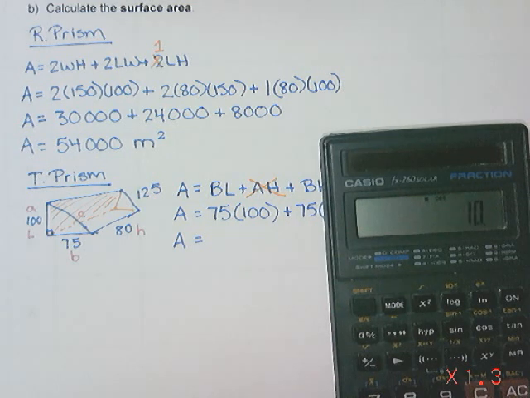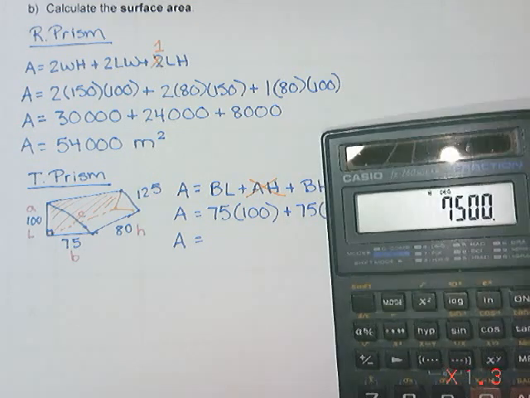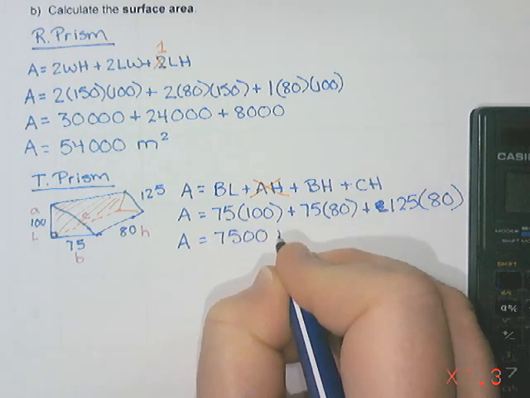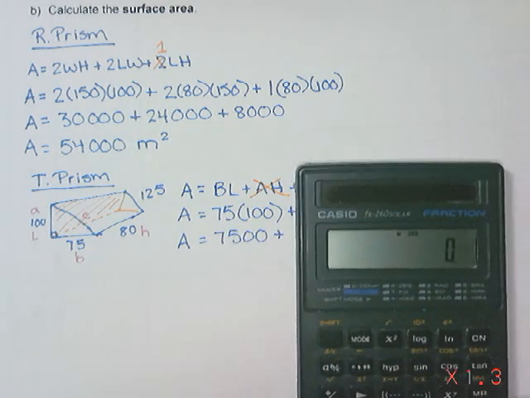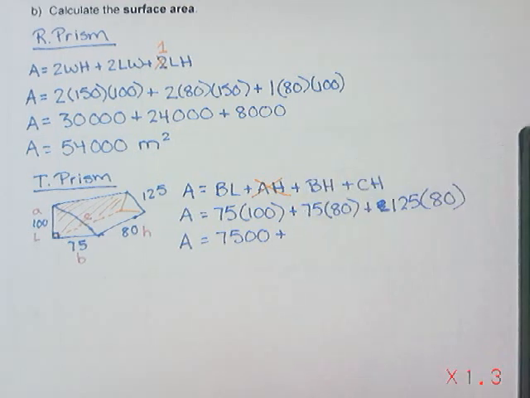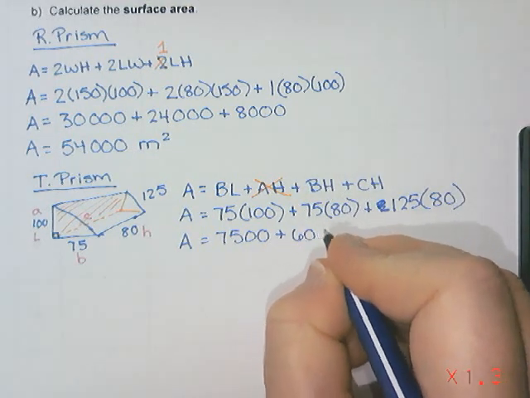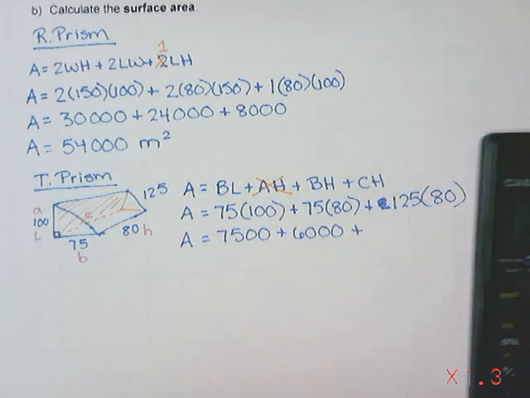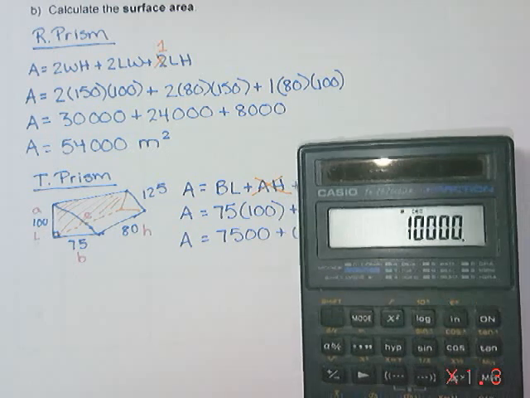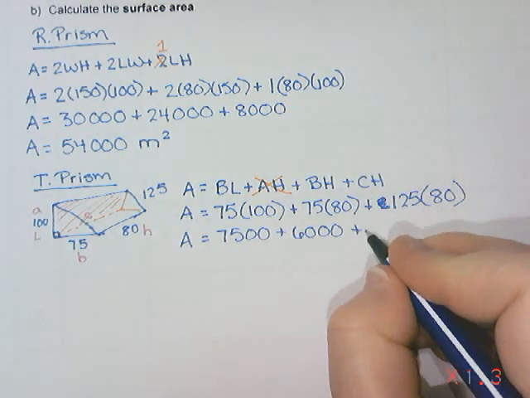So 75 times 100 is 7,500. 75 times 80 is 6,000. And 125 times 80 is 10,000.